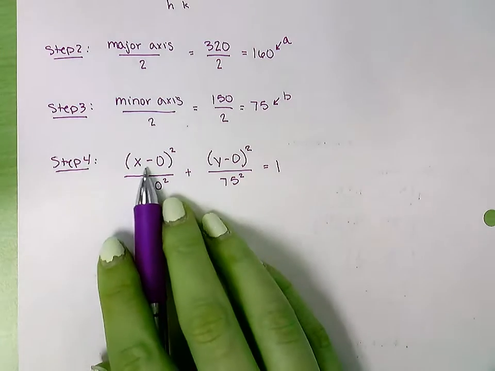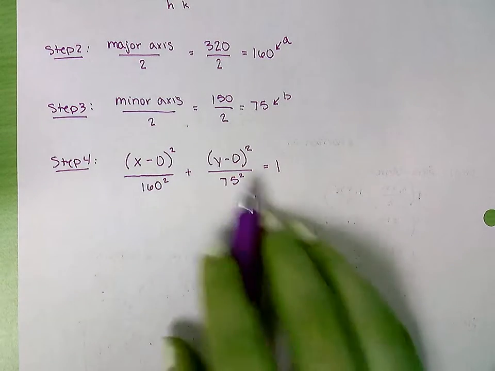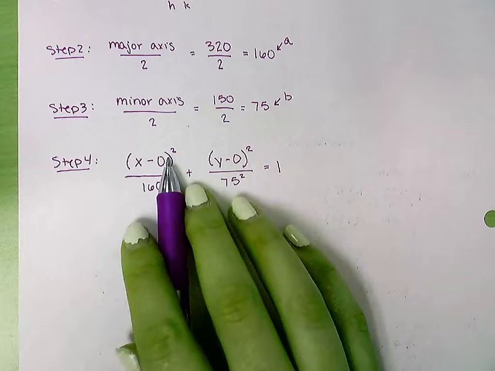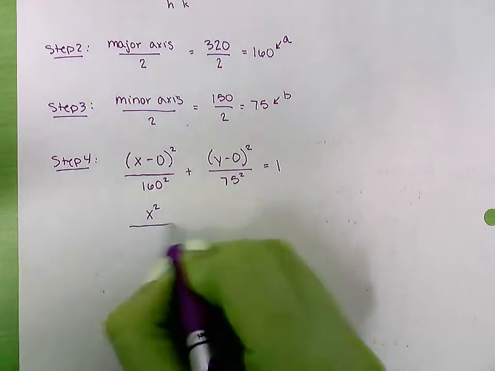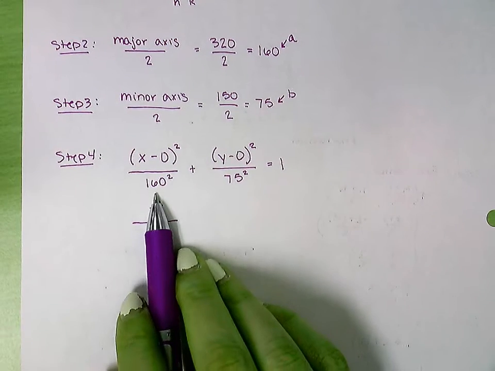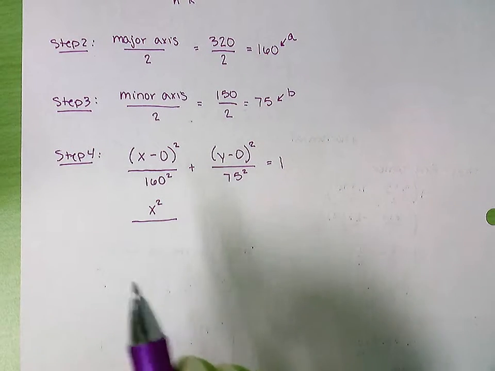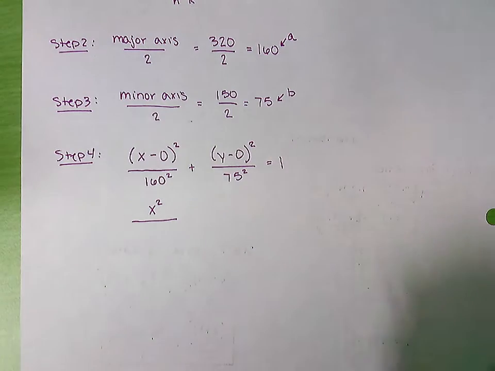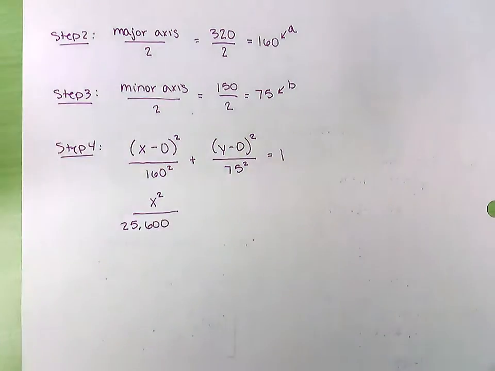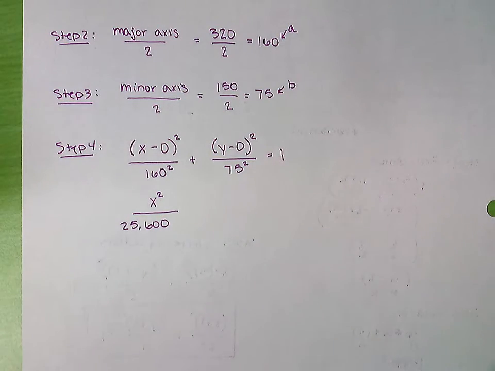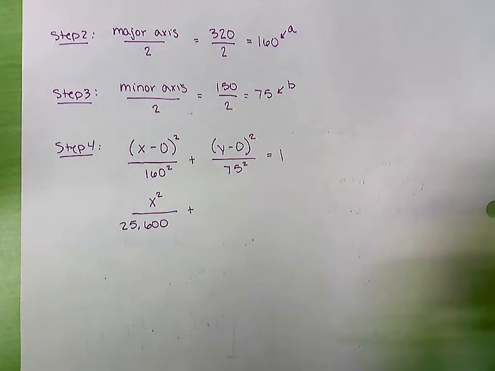Okay, so whenever I have an x minus 0 or y minus 0 and it's squared, we can just rewrite that as x squared over, I want to square 160. That is 25,600. Then we have plus.